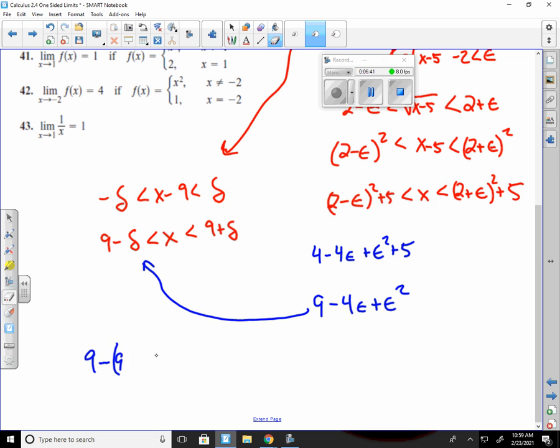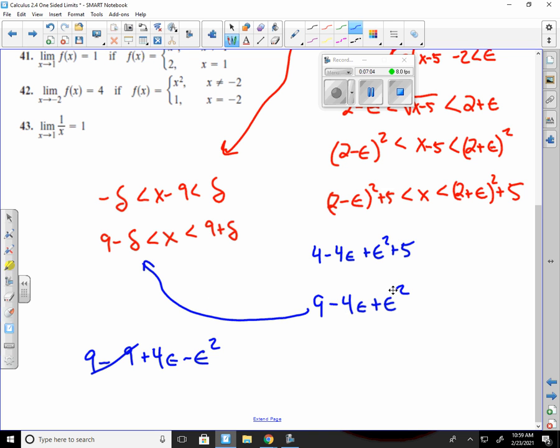And I'm going to distribute that negative right now. I'm not even going to waste a step. We're in calculus. You know we can distribute that. Plus 4 epsilon minus epsilon squared. Those are going to cancel. I have 4 epsilon minus epsilon squared. That's a possibility for delta.